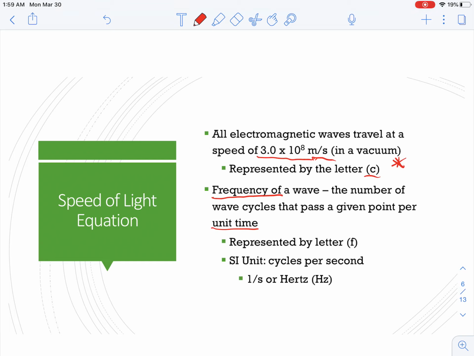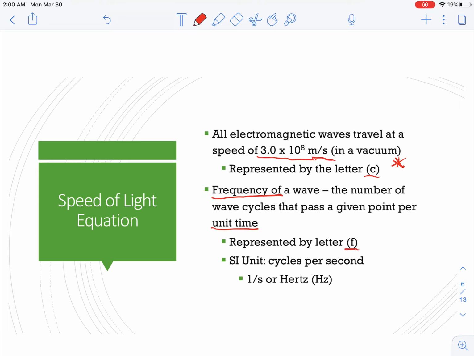So one way to think about the frequency of a wave is, think if you're standing at the beach and let's say you took out a stopwatch, hit start, all you're doing is counting up the number of waves that crash along the surface. So think at that given point along the beach, how many waves pass through, how many cycles pass through. That would be like the same idea of counting how many waves crash on the beach's surface within a minute, or within an hour, or whatever unit of time you want to use.